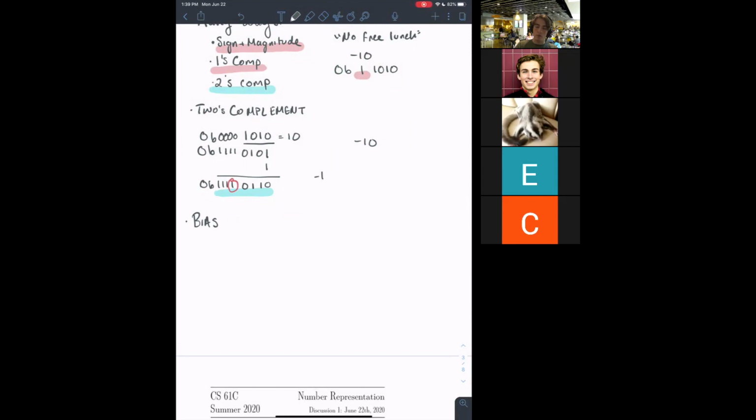So we do negative 1 times, in this case, 2 to the 4th plus 0 times 2 to the 3rd plus 1 times 2 to the 2nd plus 1 times 2 to the 1st plus 0 times 2 to the 0. And this gives us negative 16 plus 4 plus 2, which is negative 10.